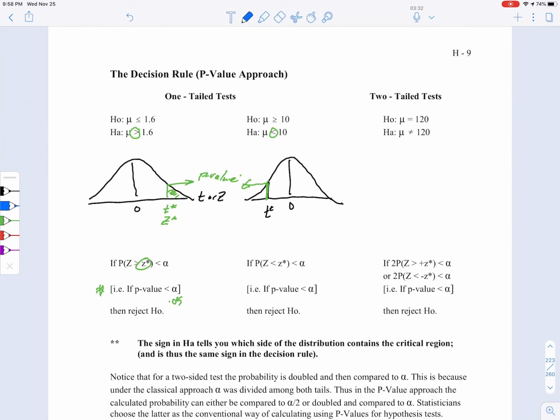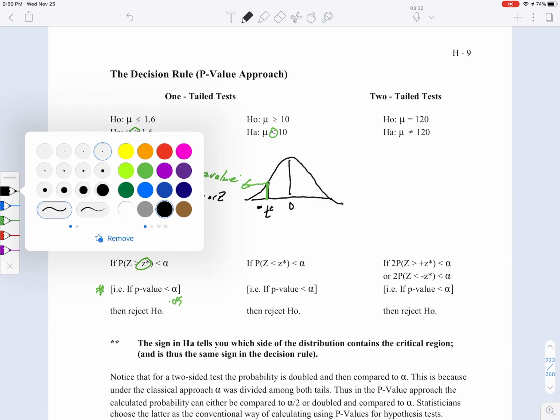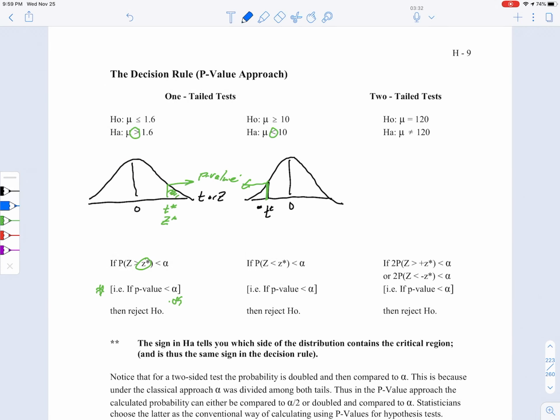It's an arrow that goes to the left. One thing that's really important to note here, folks, is, well, what happens if you ended up, by the way, that would be a negative t star or a negative z star. What happens if you end up with a positive one in this particular case?